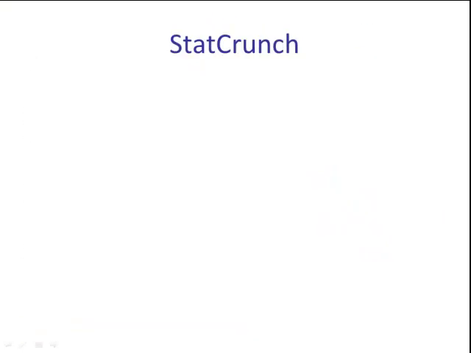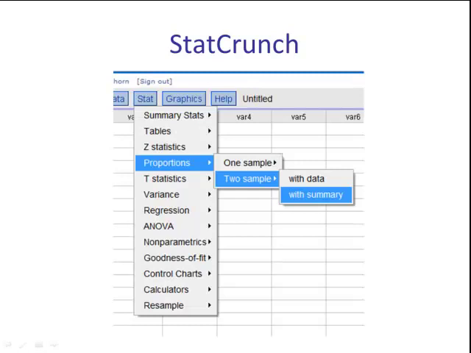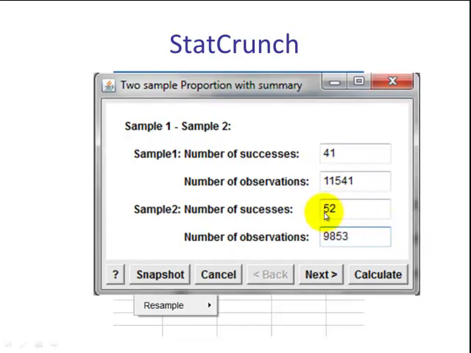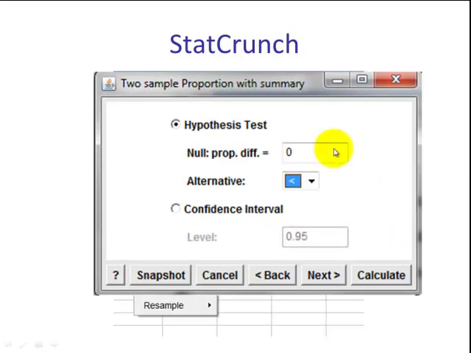In StatCrunch, we go to Stat, Proportions, to Sample with Summary. We enter airbag deaths and the sample size. Sample 2, we enter 52, and then number of observations, that's N, 9,853. We hit Next.